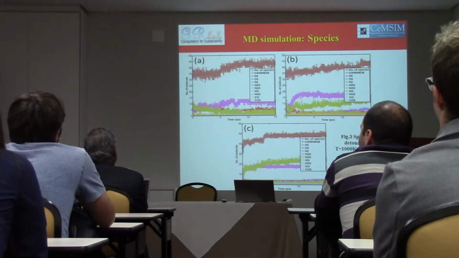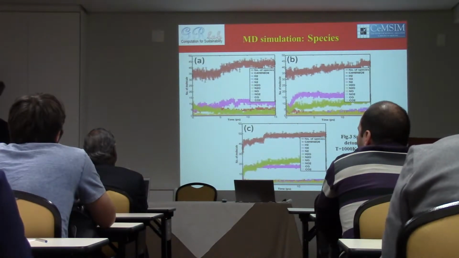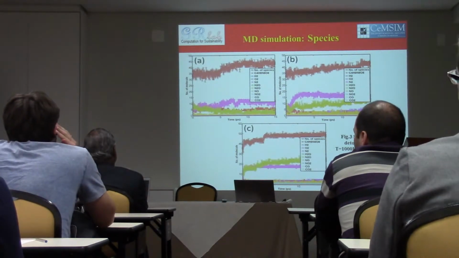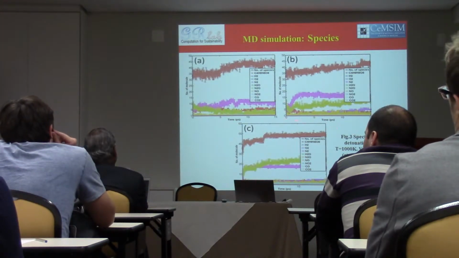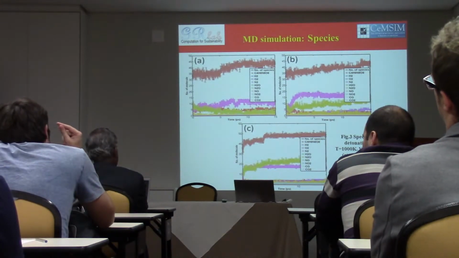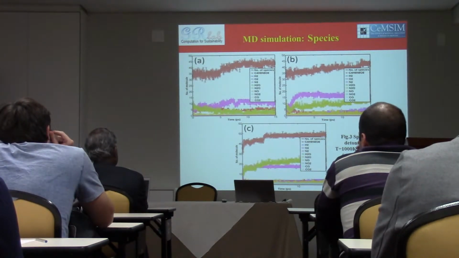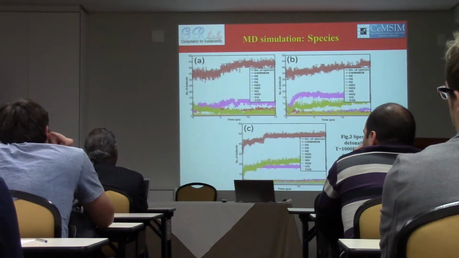In the MD model, we can go further to look at the product of the reaction. Here are three pictures with different compression rates: 1.1, 2, and 10, meaning I compress the material 10 times.